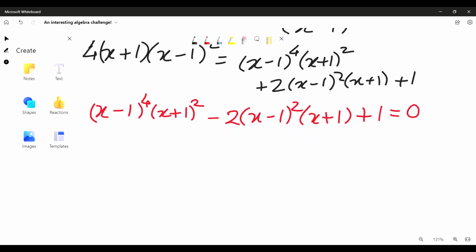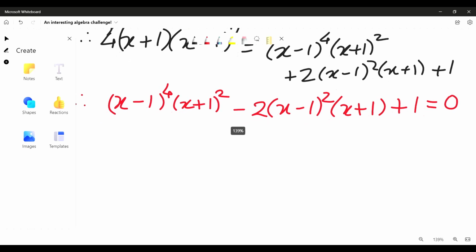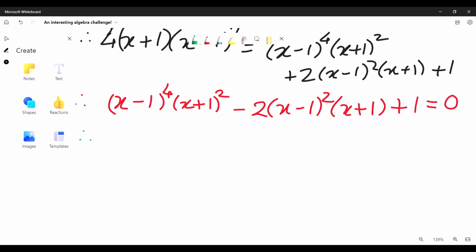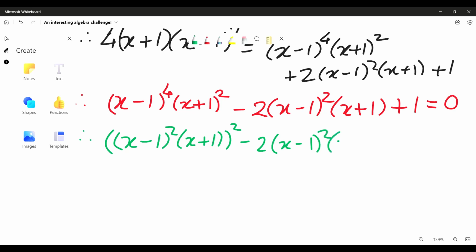And if we look at this, this is just (x minus 1) squared (x + 1) whole squared, minus 2 times this (x minus 1) squared (x + 1), plus a 1 at the end.